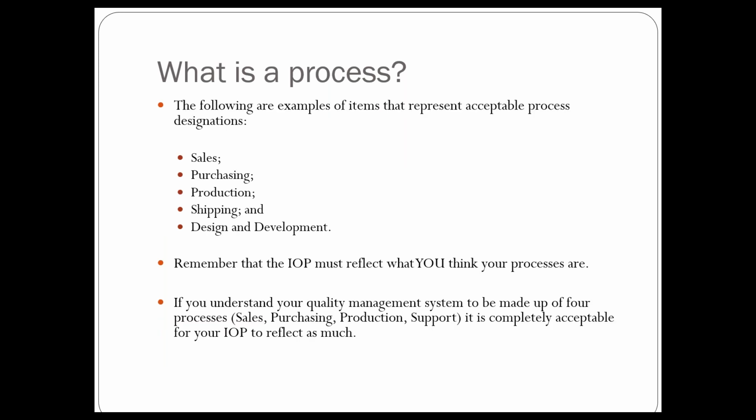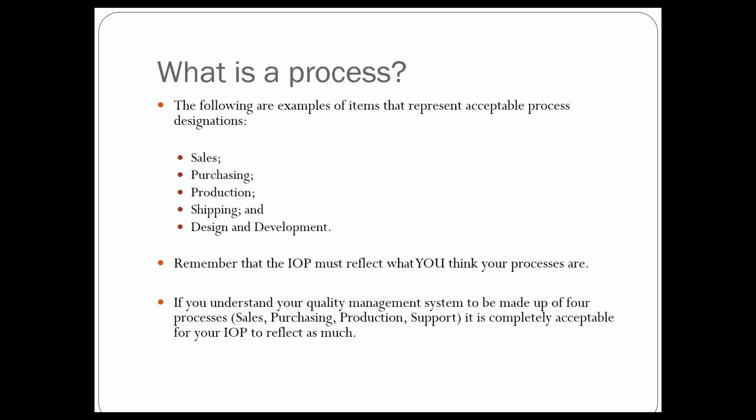In terms of designations that represent acceptable names for processes, these are some of the more common ones that we've seen: sales, purchasing, production, and so forth. Now, recognize that it is ultimately up to you to christen your processes. It's up to you to say, okay, these are the processes that make up our quality management system.